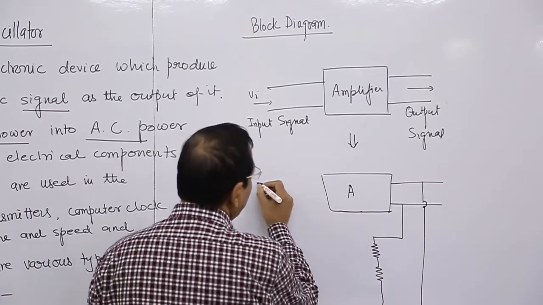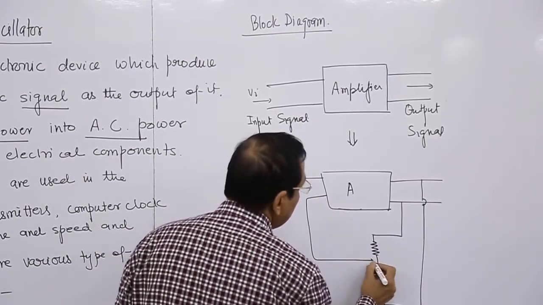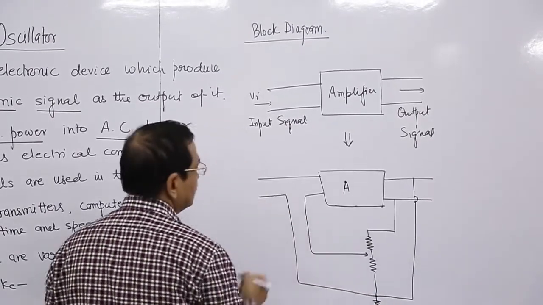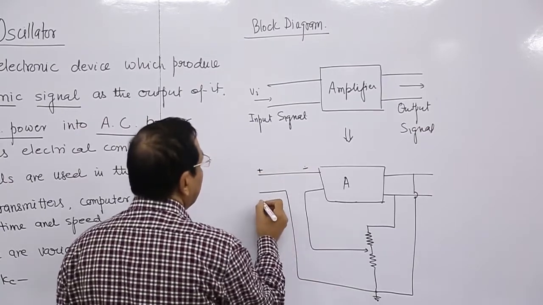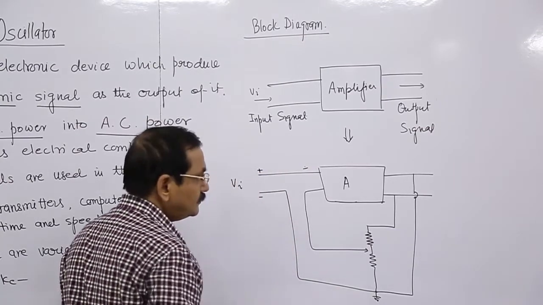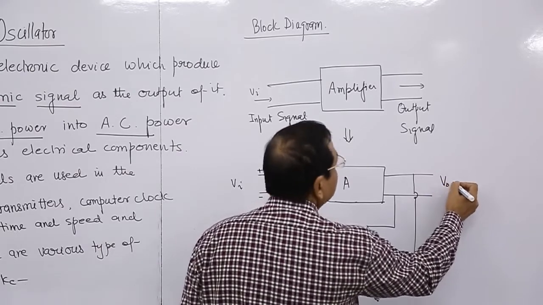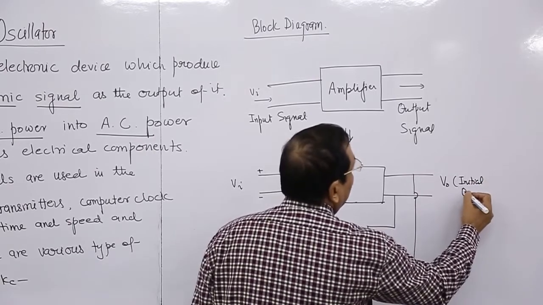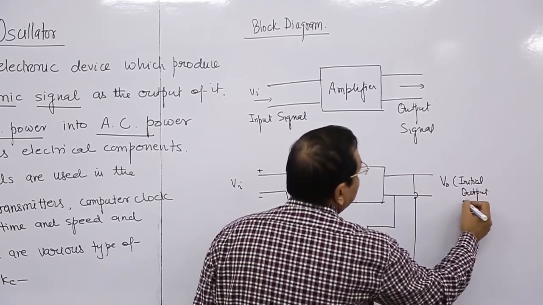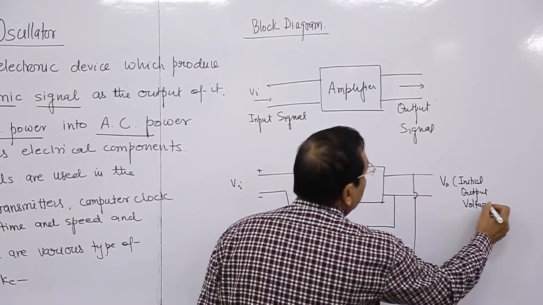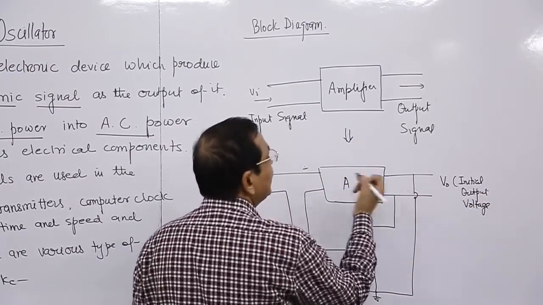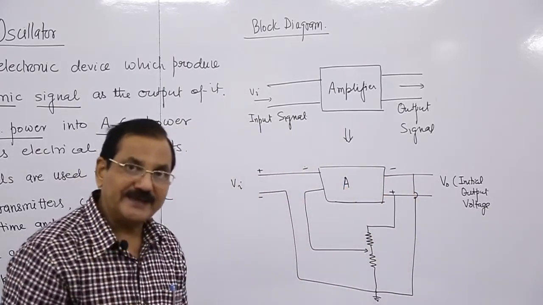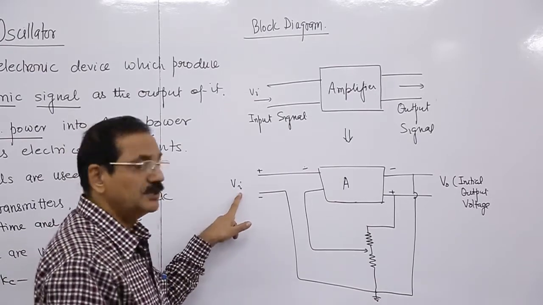This is positive and here it is negative Vi. This is V0, the initial output voltage. Due to the single stage, this is minus, here it is positive, because the output is out of phase in comparison to the input.